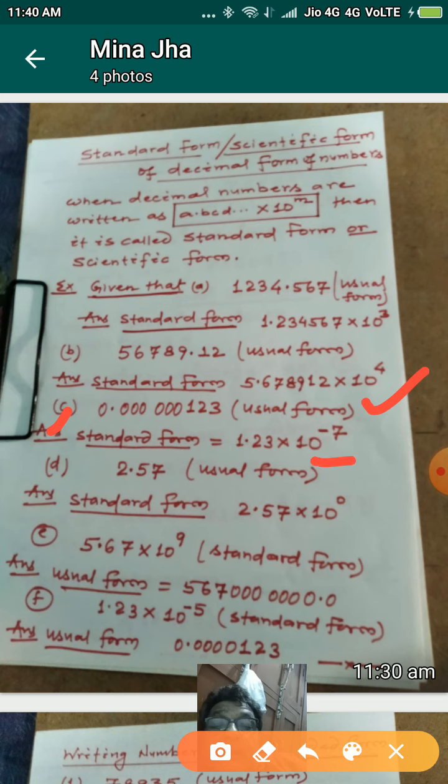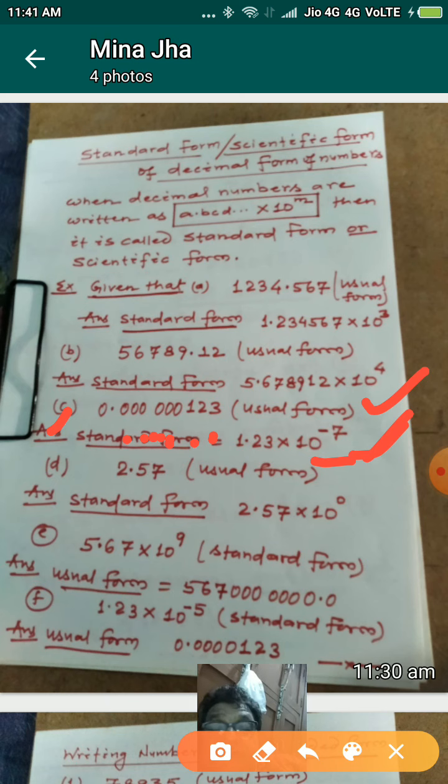Now for the power, you see we have put the decimal after 1. Now we count from our placing of the point, where in the question the point is given, and after how many places: 1 2 3 4 5 6 7, that is 7 places we are going left. Going left is a minus power, so it is 10 to the power minus 7.